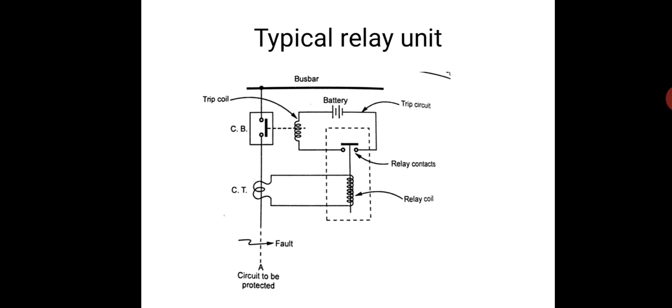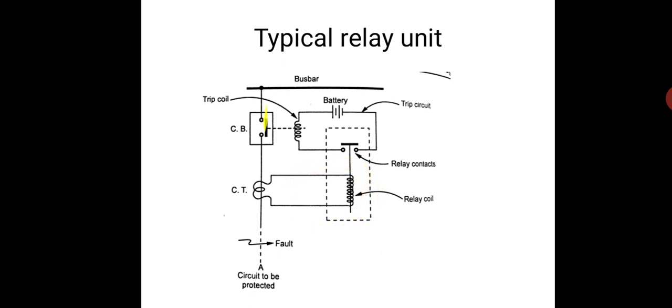Can you see all this? Both of these are in series. Circuit breaker, then it has a CT, current transformer. So whenever a fault occurs, current will rise in the CT also. Now, during normal condition when there is no fault, the current also flows in the current transformer. This is the secondary circuit of the current transformer.